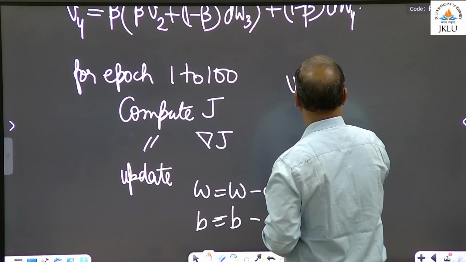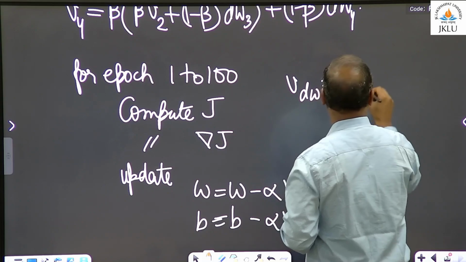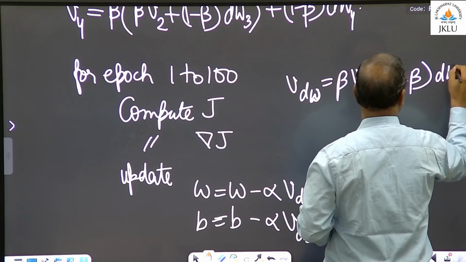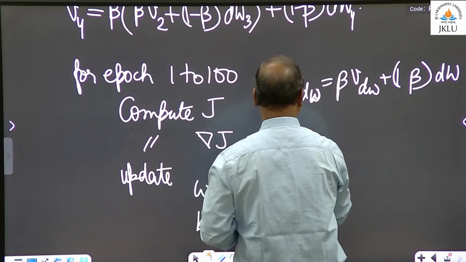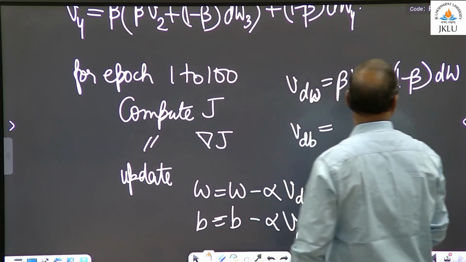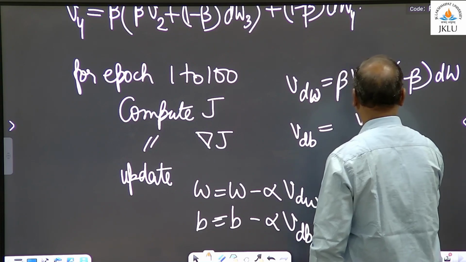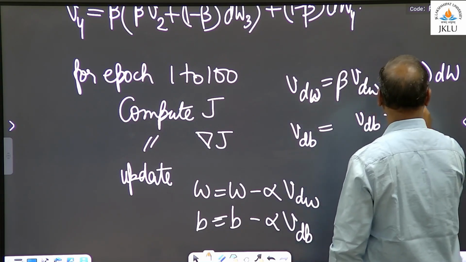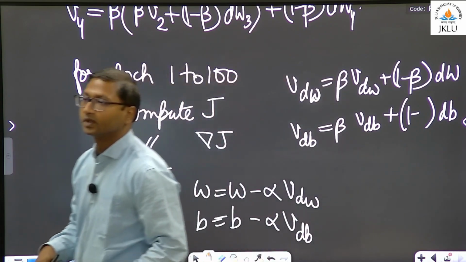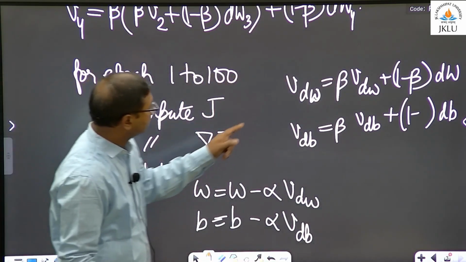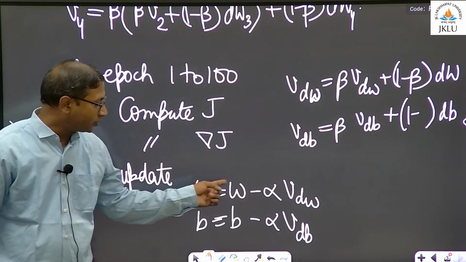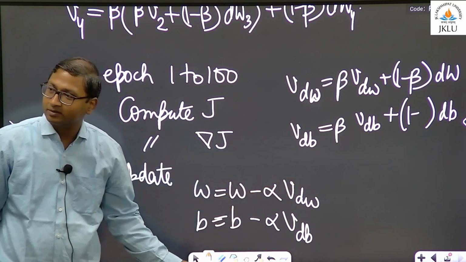VdW is beta times VdW plus 1 minus beta times dW, and VdB will be beta times VdB plus 1 minus beta times dB.